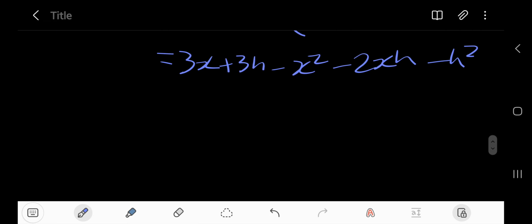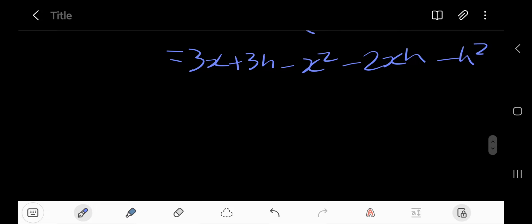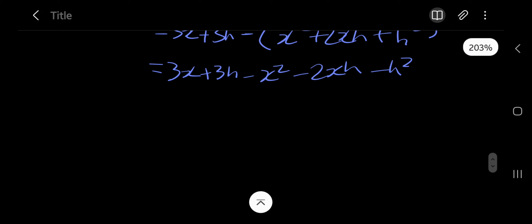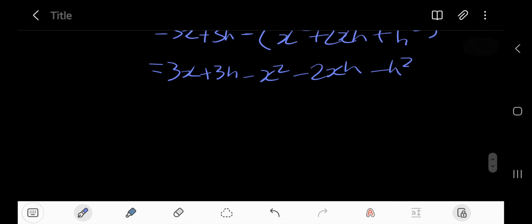So now we have f of x, we have f of x plus h. Now we can go straight to the formula and shoot. Let's push. We know that f prime of x is equal to the limit as h approaches 0. This is very important.